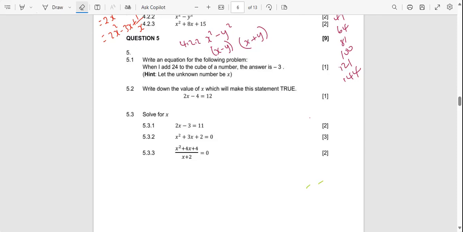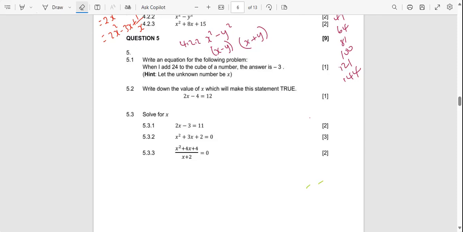I've read as follows. Write an equation for the following problem. When I add 24 to the cube of a number, the answer is negative 3.